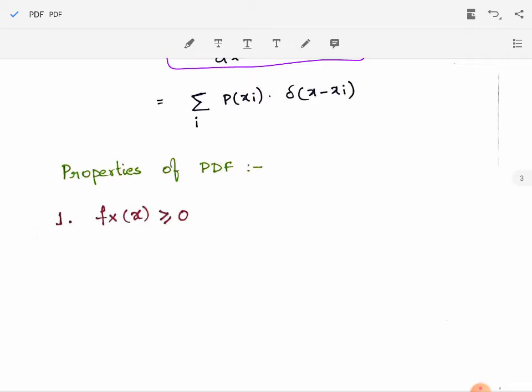Since the PDF is the change in CDF, as we have already seen in the definition, and the CDF always changes by a non-negative amount, that is the probability of the random variable. So from this we can infer that the PDF is always a non-negative number, therefore f_X(x) is greater than or equal to 0.